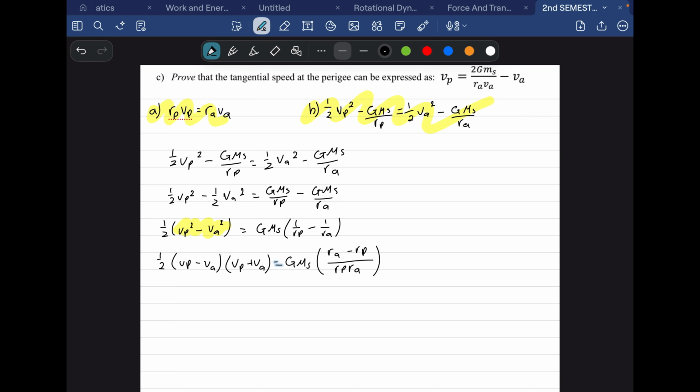But then in our equation from part C, there's no RP, so we have to find a way to get rid of it. So using the equation we found in part A, R perigee V perigee is equal to R apogee V apogee. You can divide both sides by V perigee to get this equation. Right? Have this equation to plug it in.